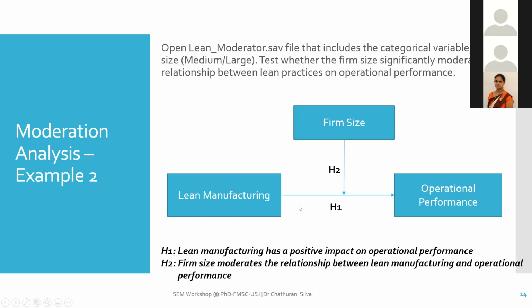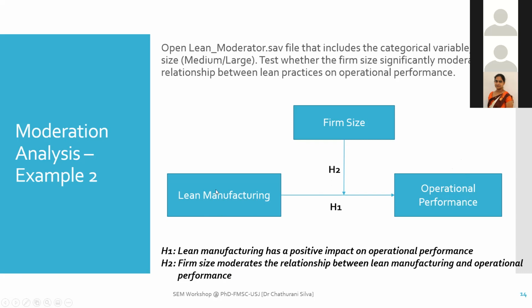The first hypothesis, H1, is that lean manufacturing has a positive impact on operational performance, right? Our hypothesis is a positive relationship between lean manufacturing and operational performance. When organizations do a lot of lean practices, it will lead to high operational performance in that company. And the second hypothesis is that firm size moderates the relationship between lean manufacturing and operational performance.